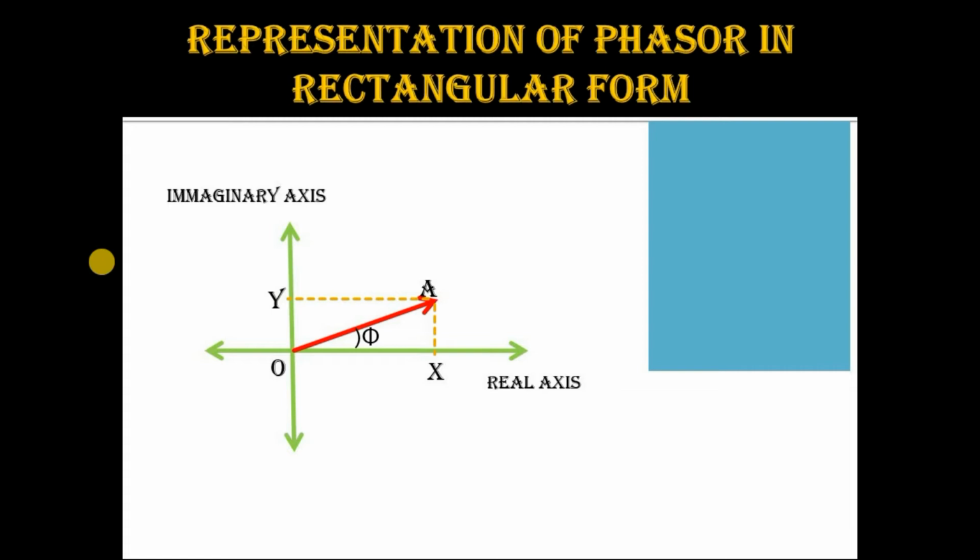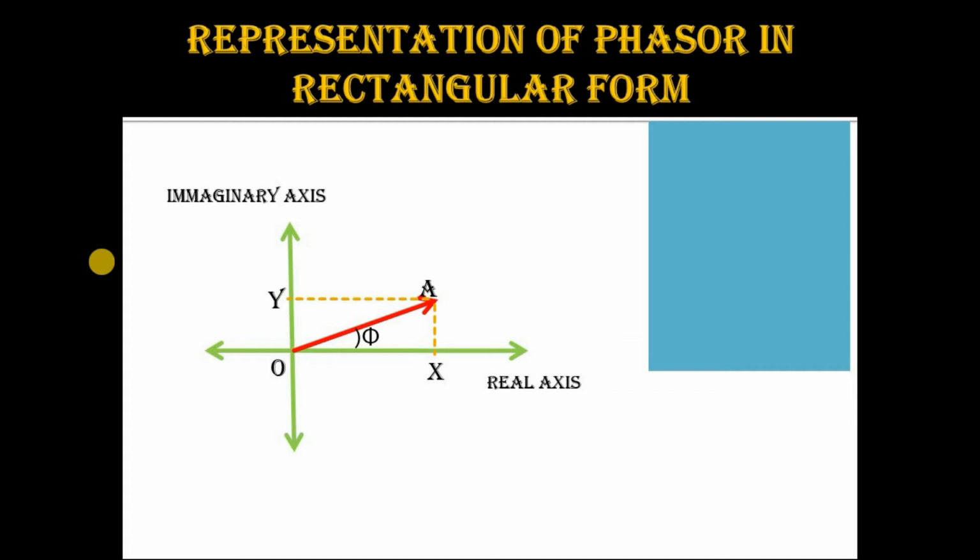Now I have shown the same phasor which makes an angle phi with the positive real axis, and the magnitude of the phasor is RMS value A. In this I have shown the x-axis component of the phasor and the y-axis component of the phasor.